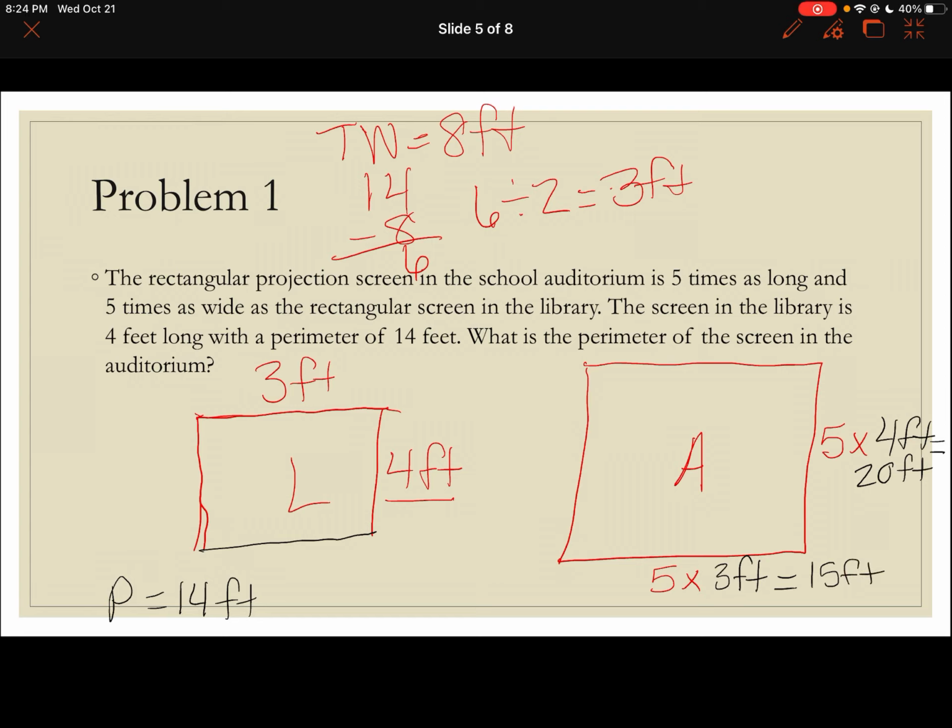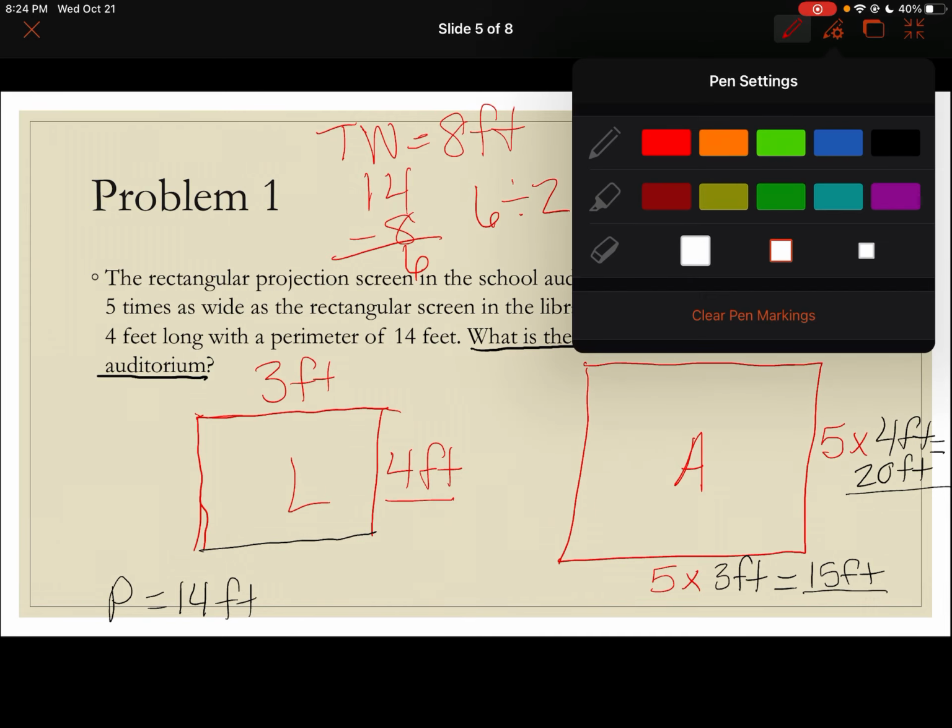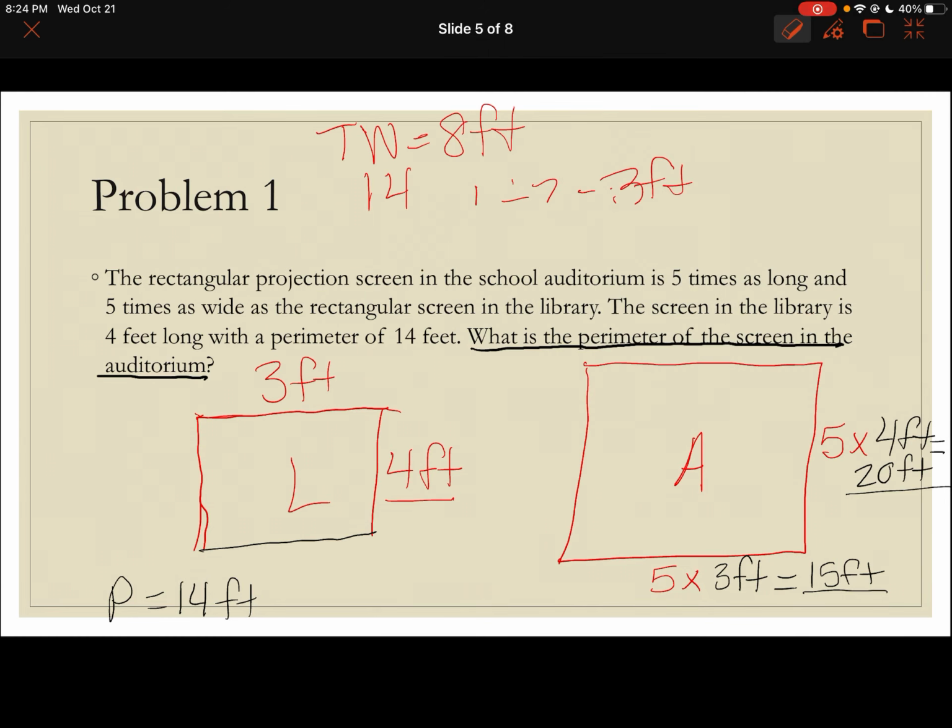So now that's just the length and width of the auditorium screen. The final question asks what the perimeter of the auditorium screen is. So to give myself a little more space, I am going to erase up here.